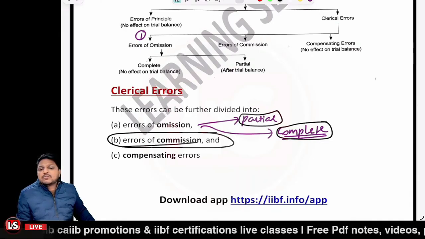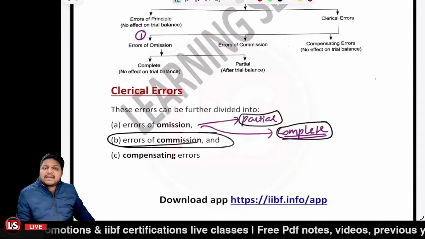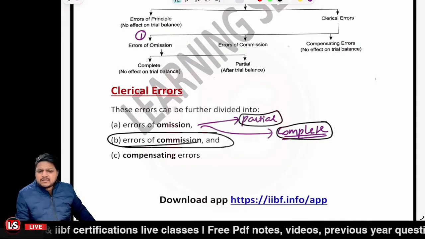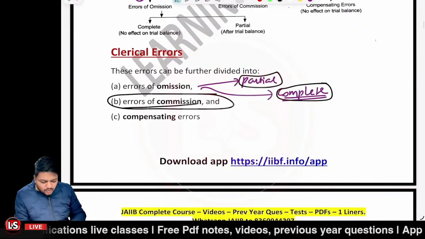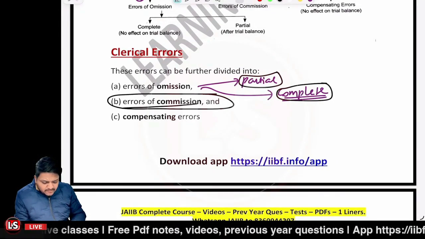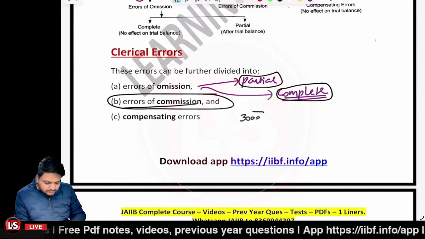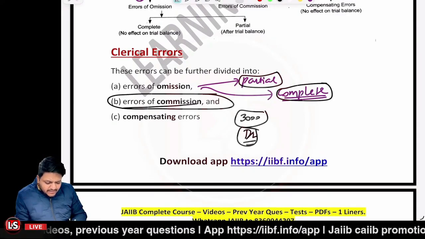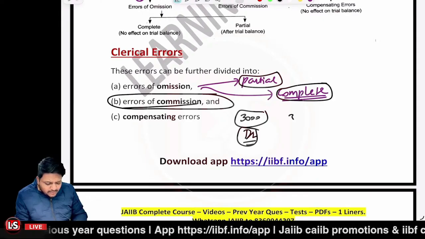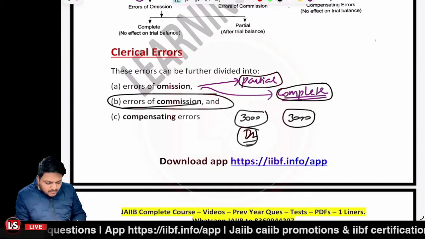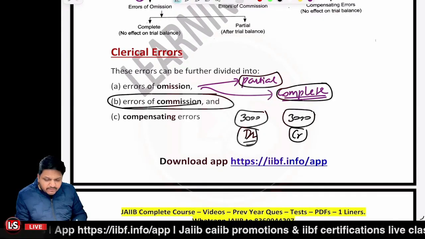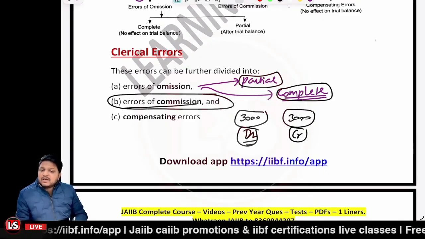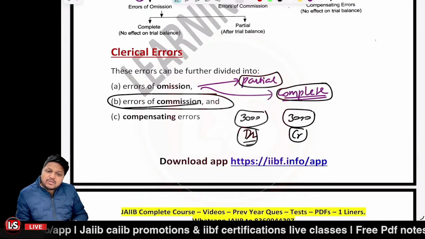And further, it could also be the case related to compensating errors. One error led to a difference of rupees 3,000 debit, and the other error led to 3,000 plus. So one thing caused 3,000 lesser, and the other error caused 3,000 more.